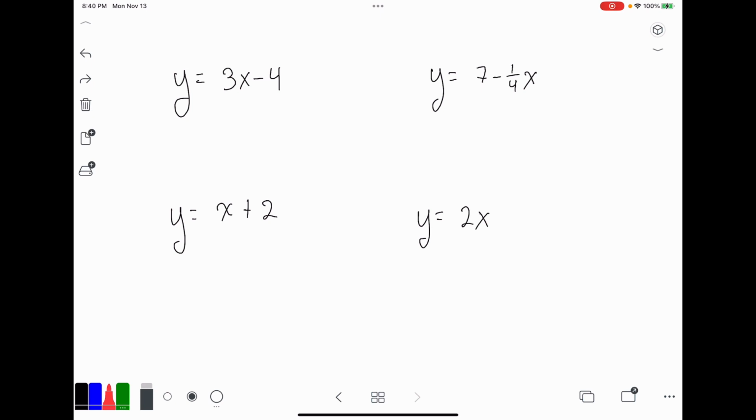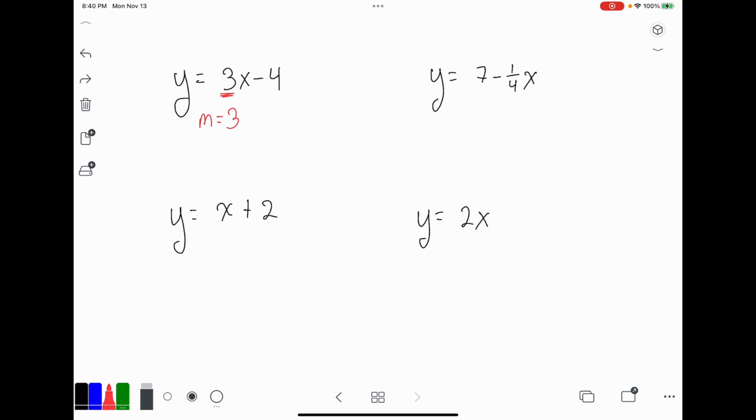So let's take a look at these examples and practice identifying the slope and the y-intercept. Notice for the first one, it's pretty straightforward. The slope is 3. It's the number that is multiplying the x.